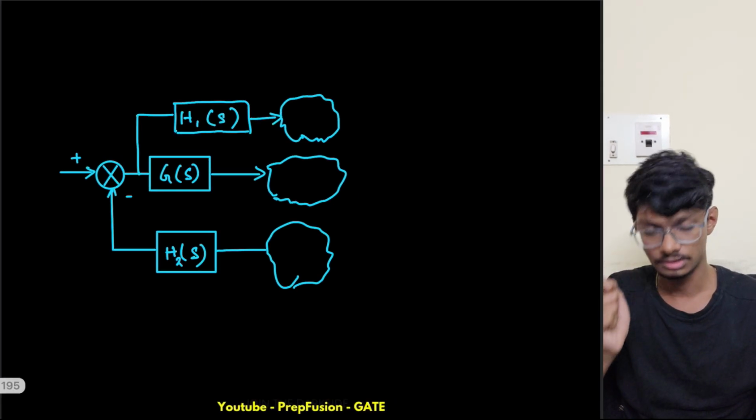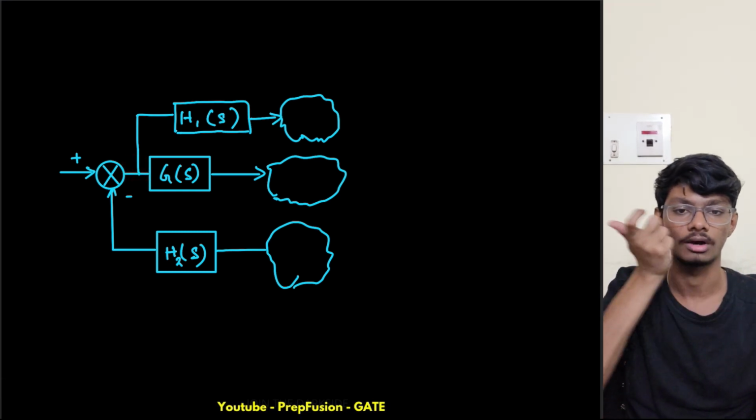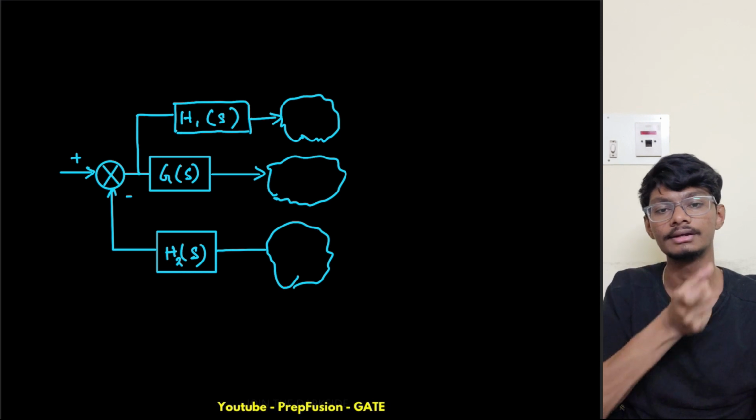Now another rule is a takeoff point just after the summing point. How will I represent it in the flow diagram?